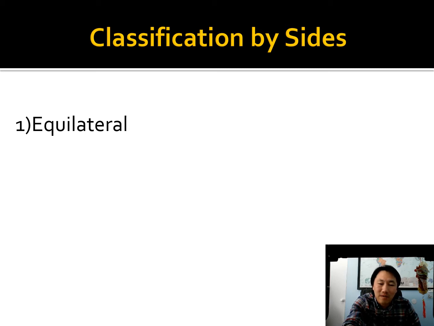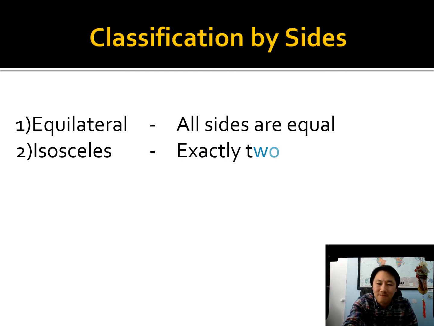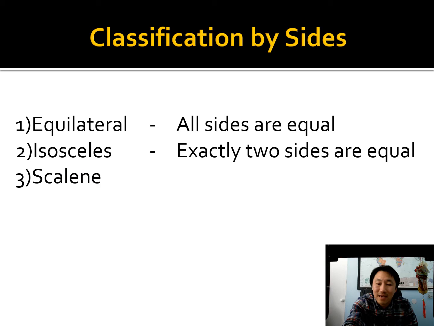So equilateral means equal sides. All sides are equal. Isosceles. This one's a hard one to spell, but it means exactly 2 sides are equal. And then scalene, no sides are equal.